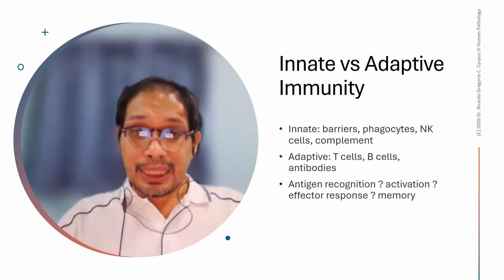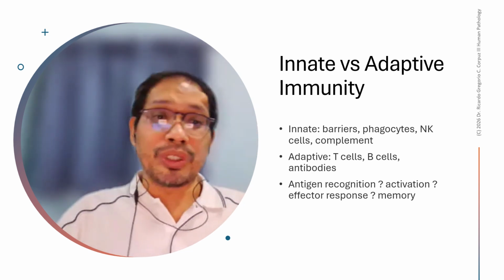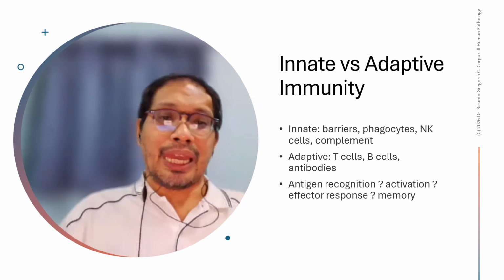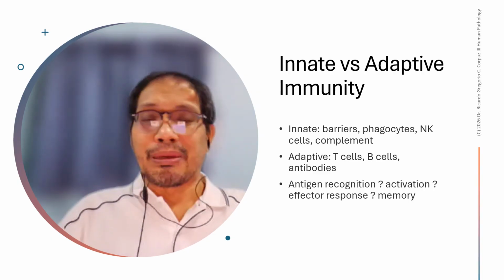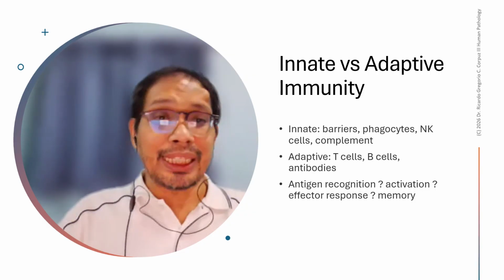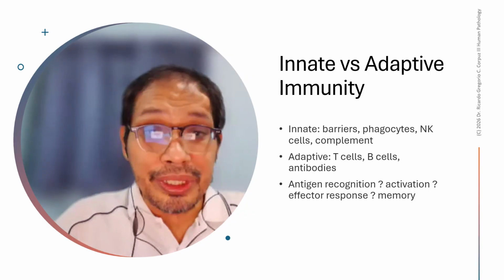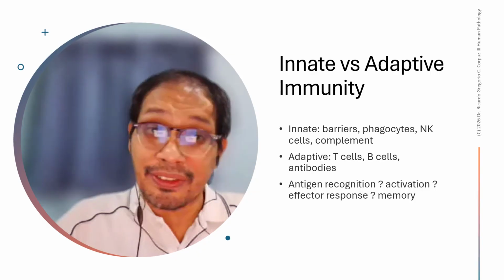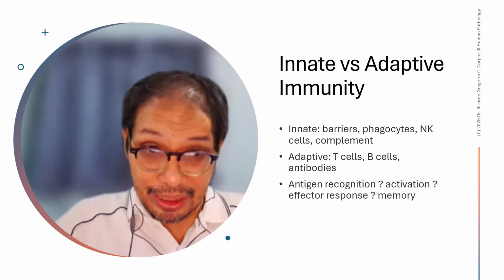Antigen-presenting cells, especially dendritic cells, bridge innate and adaptive immunity. Activation requires co-stimulation, B7-CD28, and cytokine signals. This ensures the adaptive immunity is triggered only when a real threat is present.